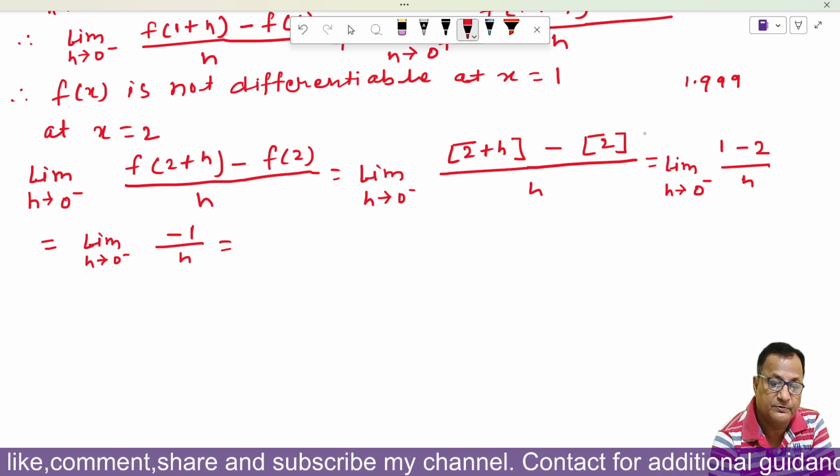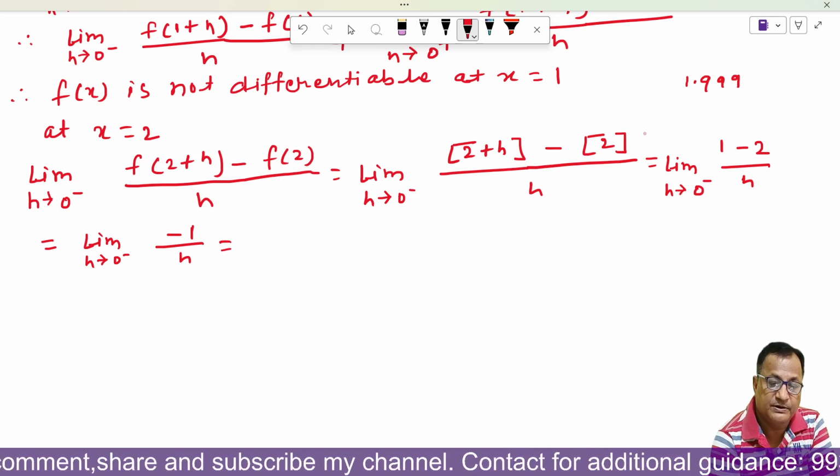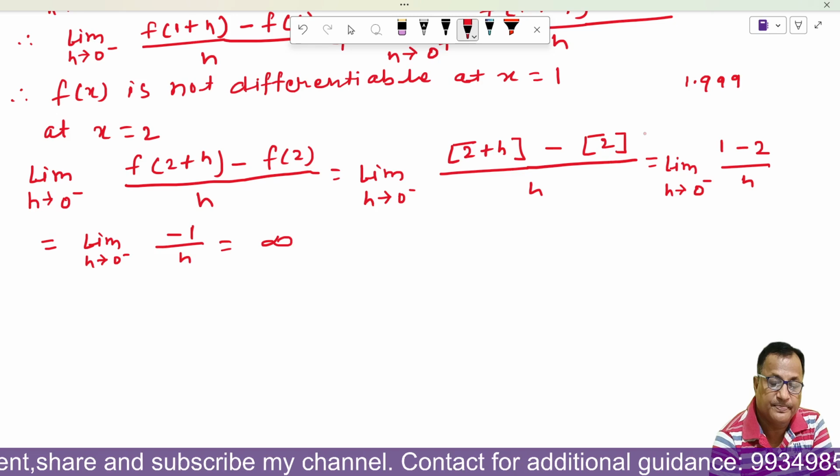If we put the value, this will be infinity.